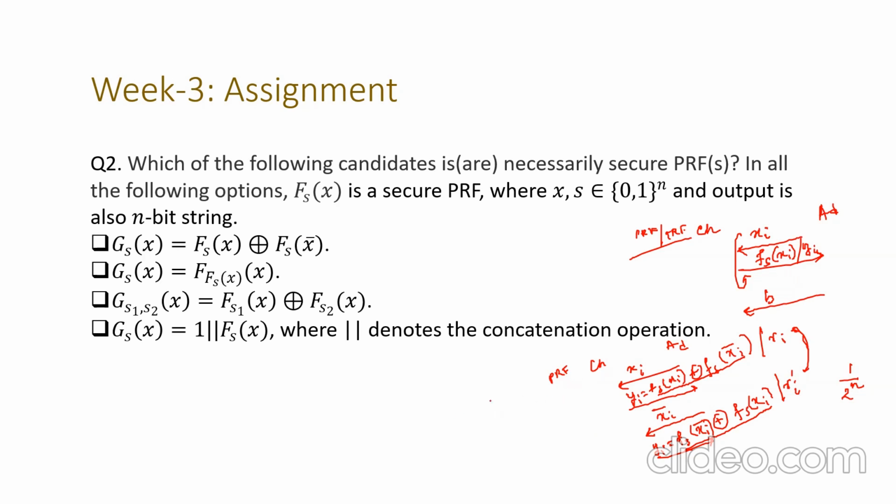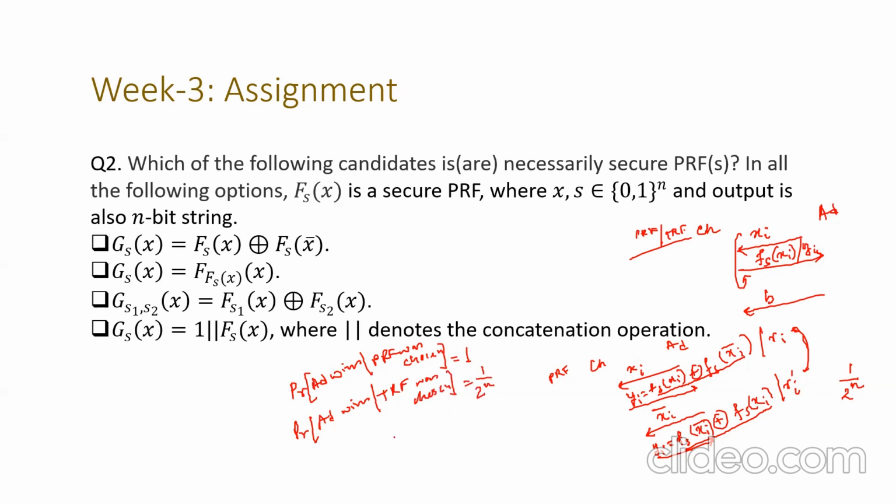So we can say that the probability that the adversary wins when the PRF was chosen is exactly 1. And the probability that the adversary wins when a truly random function was chosen is 1/2 to the power n.